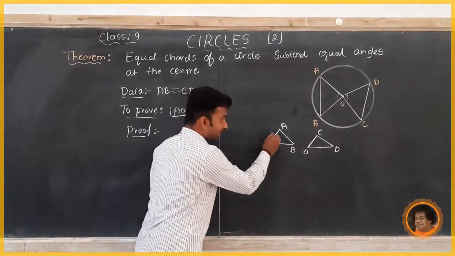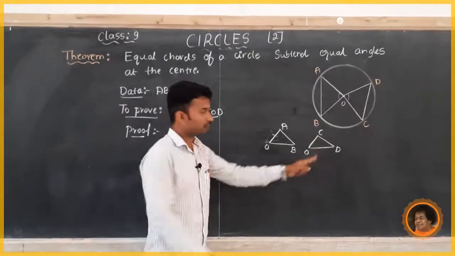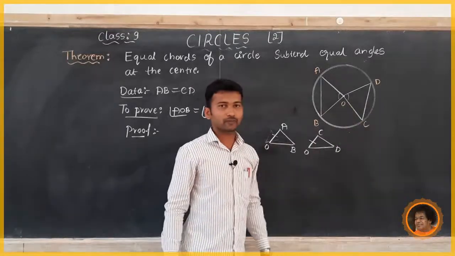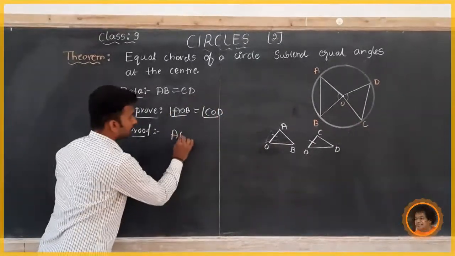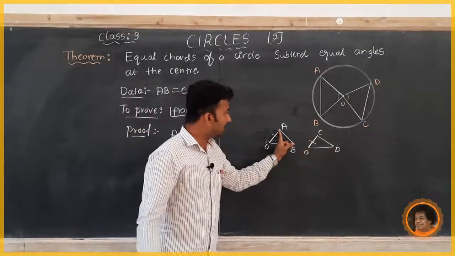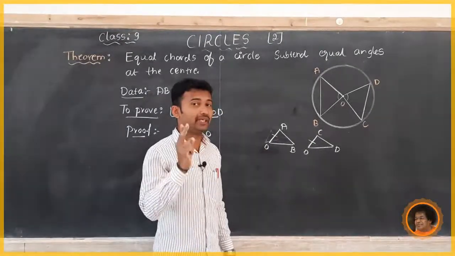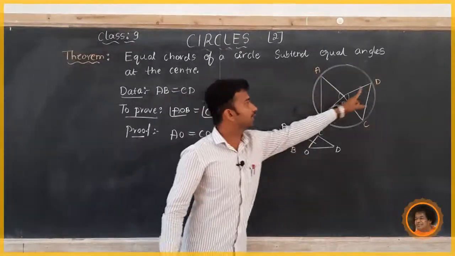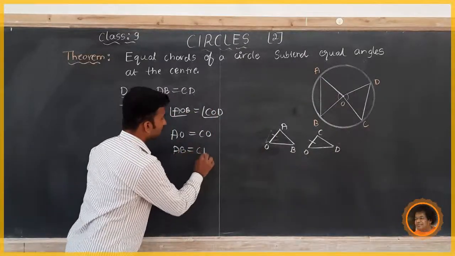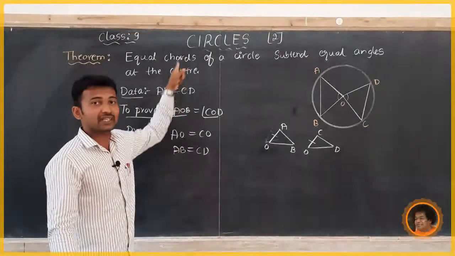Now AO equal to CO, right? AO equal to CO. Second, AB equal to CD. Why AB equal to CD? AB equal to CD because it is the data which is given in the theorem.